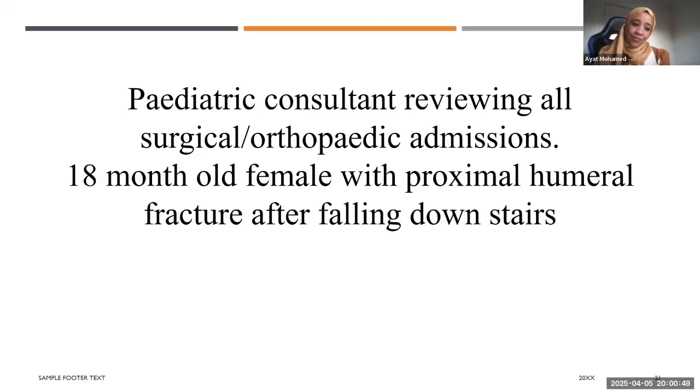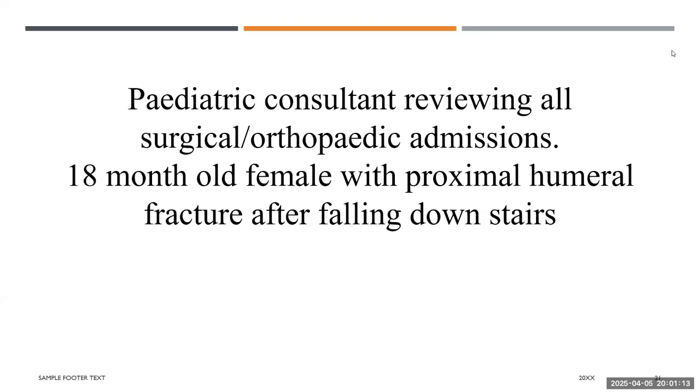Okay, so I will start by seeking more information from the orthopedic team about their consideration of the mechanism of injury. The history from them, of course, is from orthopedics, but I will also take a detailed history from the parents.